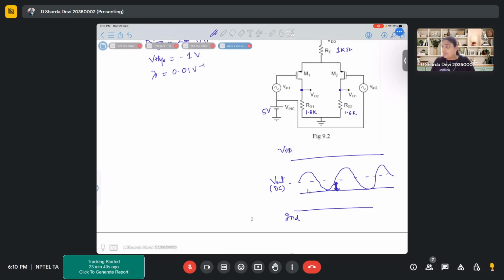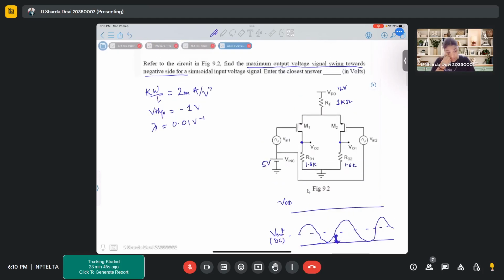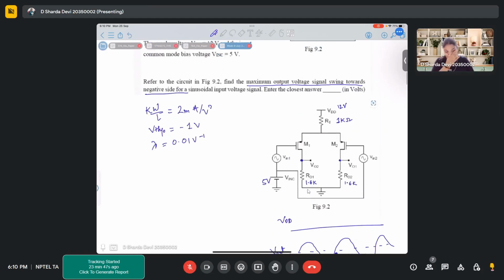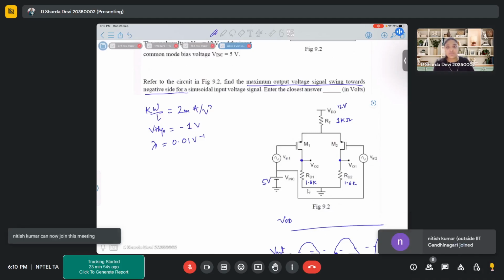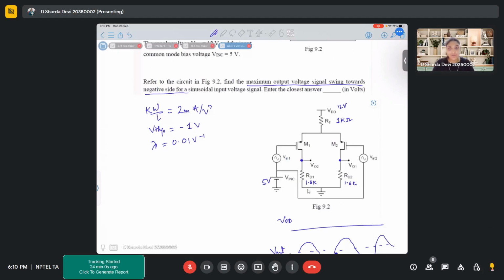So first of all, what are the things that we know? How would you find this voltage? What is this voltage Vo1 and Vo2? If we observe very carefully, what are these voltages? Output voltages.